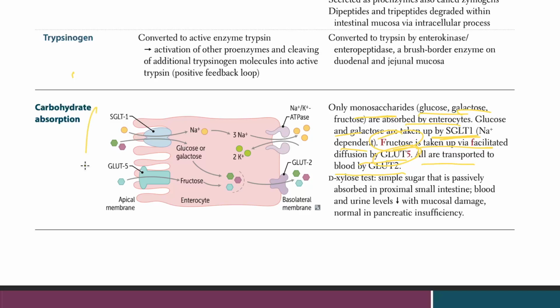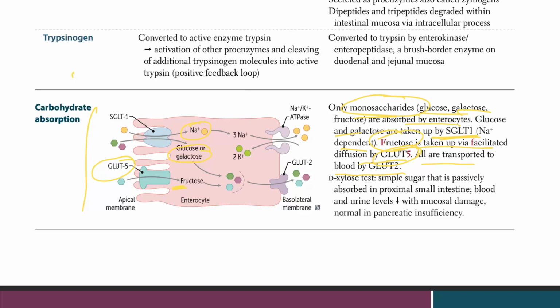Okay, look at this image here. So you have this sodium glucose transporter. You're transporting sodium and you're transporting glucose or galactose because they're all monosaccharides. So that's the SGLT1. Okay, and who else? GLUT5. They are taking up the fructose, GLUT5, F for 5, F for fructose.